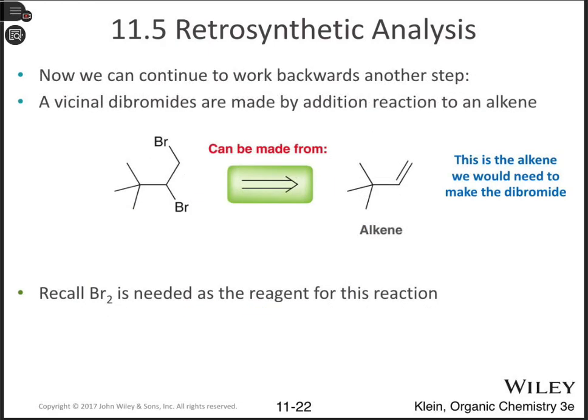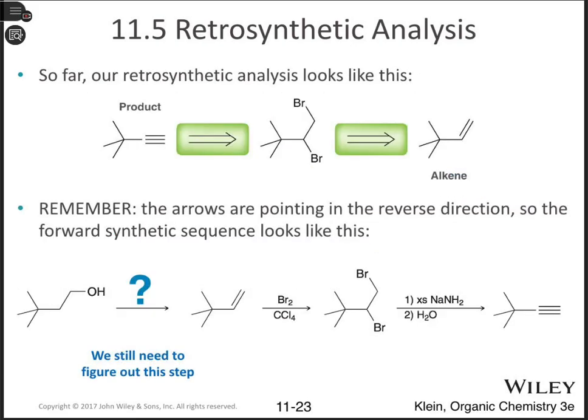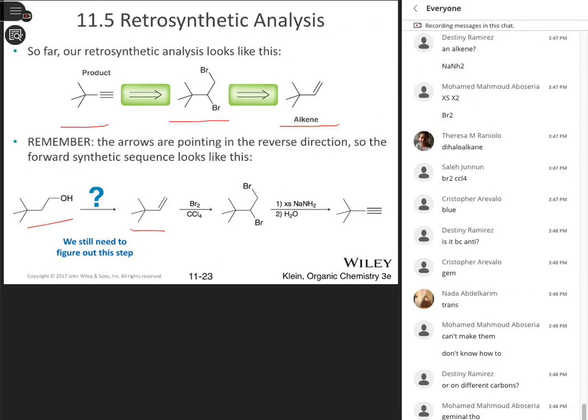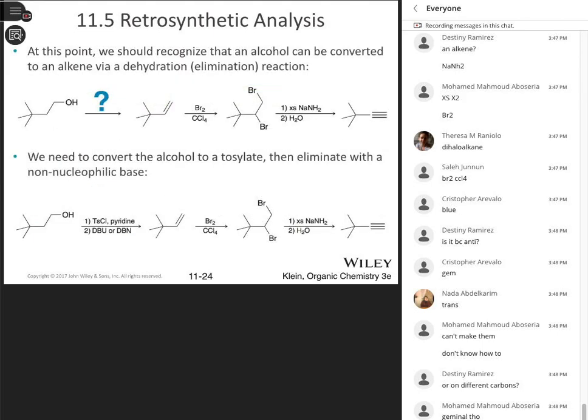So the dibromo compound, we can get it from an alkene, right? That's easy. Now we're going back one step. We start with the alkyne. The alkyne we make with the dihaloalkane. The dihaloalkane we can get from an alkene. Well, how can I make this alkene from this alcohol? I just explained to Destiny that we have to convert the alcohol into a good leaving group. If this was a bromine, then it would have been a lot easier, obviously.